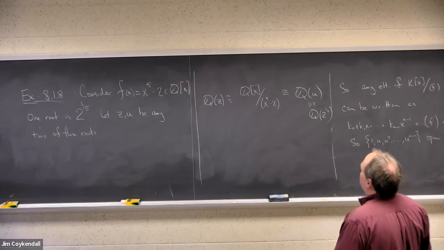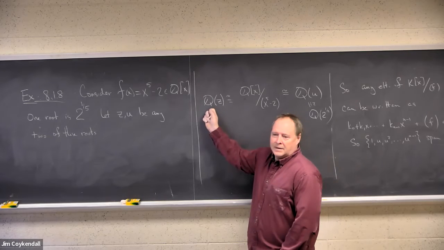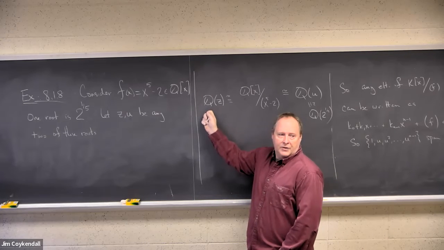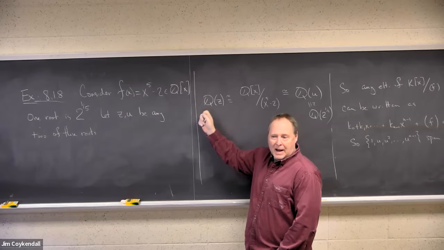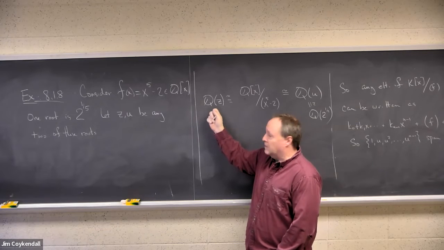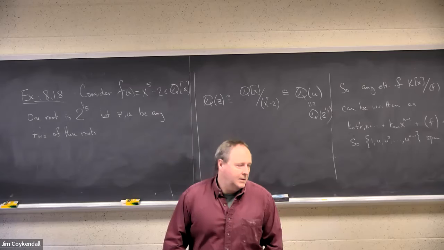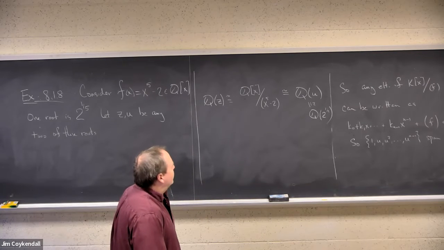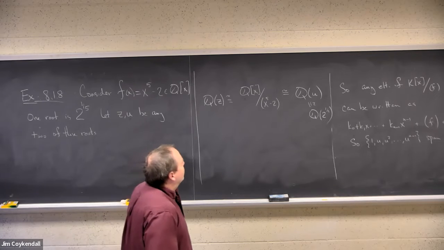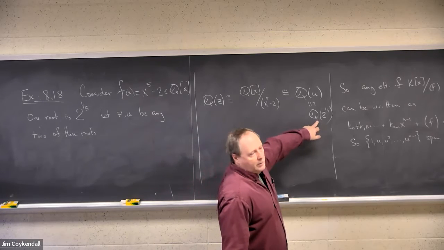And so this one has basis 1, Z, Z squared, Z cubed, and Z to the 4th. None of the powers of that, except for the 5th power and the 0th power, are in fact real. This is interesting to me because notice that this field right here is totally real.